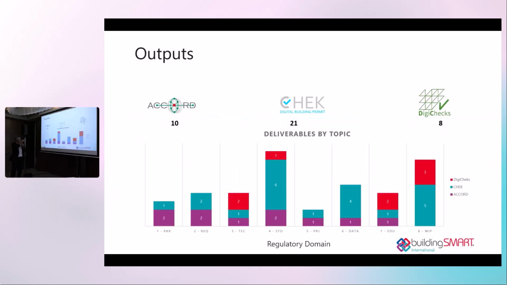Deliverables. I don't watch the numbers because it depends on the style of deliverables and documents that have to be released, but it's quite interesting to see that each of them was talking about the standards that have to be used. Some of them were talking about laws, rules, regulations, and recommendations. Two of them were talking about requirements.